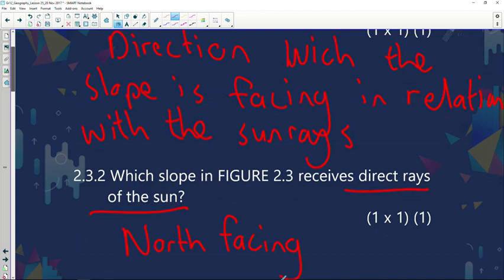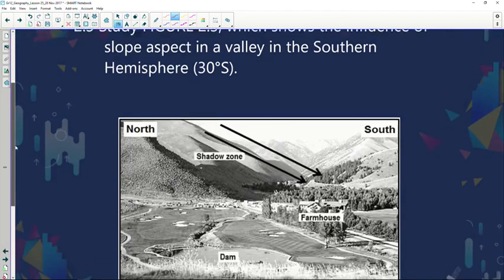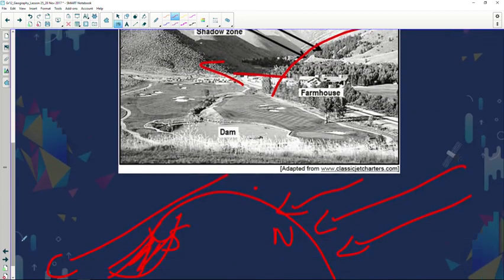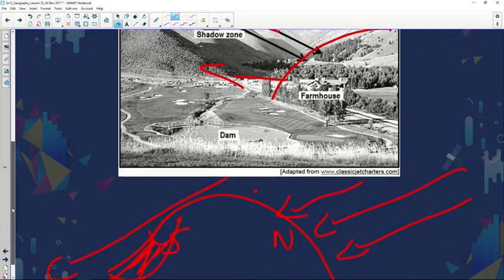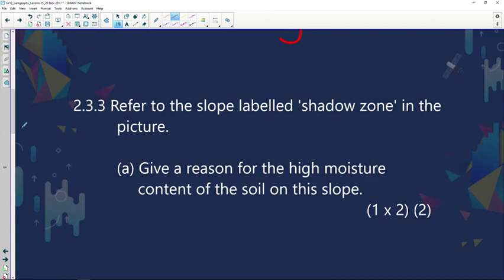The north-facing slope, because as you can see, this slope is facing towards the north, and have a look at the incoming solar radiation. Check out the shallow zone, like I've explained to you.